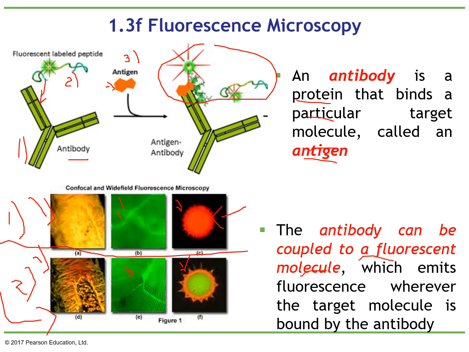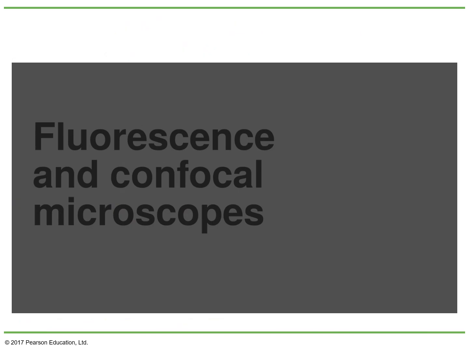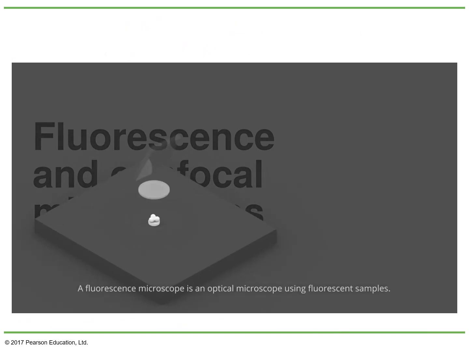So I'm going to show you a video that compares both of the fluorescent scopes that we have been talking about: the one on top that illuminates the entire sample, and the one that gives you better resolution, the confocal scope, that illuminates only a specific section of the sample. Okay, so let me show you the video in a second. This video doesn't have audio, so I'm going to explain what is happening there, but I think it's very clear.